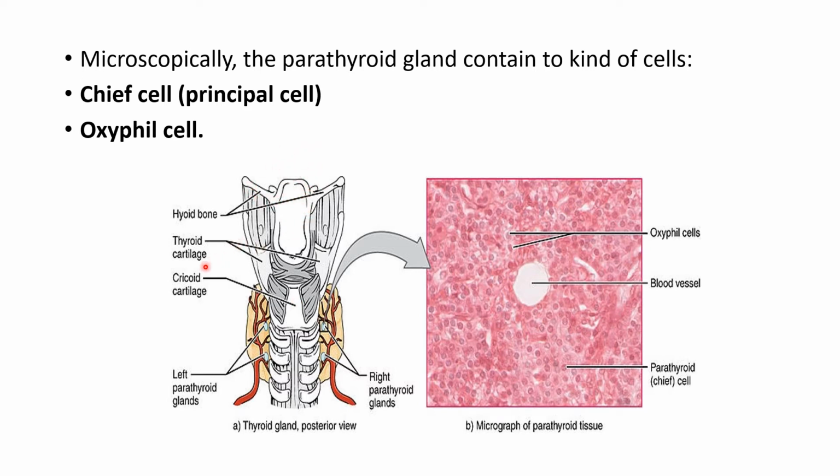These are the cartilage above the parathyroid gland, the thyroid cartilage. This is the location of the thyroid gland, and these blue ones are the left parathyroid glands, and here you see the zoomed part in the microscopic view. This is all about the parathyroid glands.